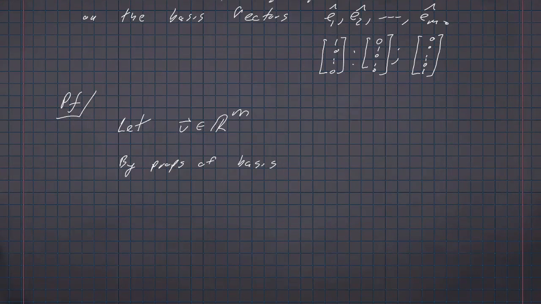Let's consider a vector in Rm. To be in Rm, that means that we can write v as some v1, v2, all the way through to vm.